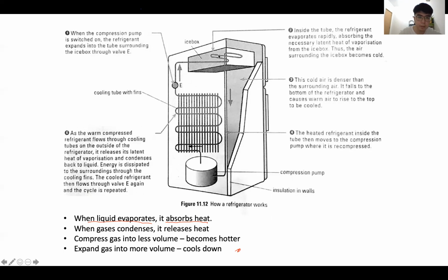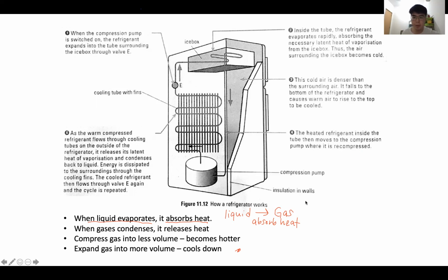If you want to go from liquid to gas, then you need to absorb heat energy. So whenever liquid evaporates, it absorbs heat. This is the first thing you need to know.